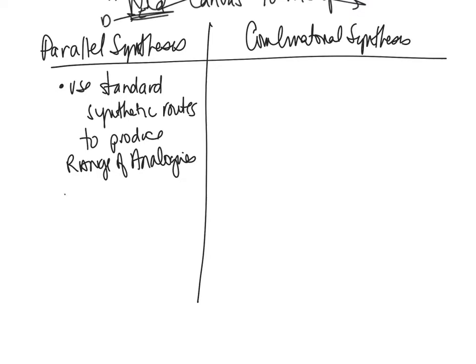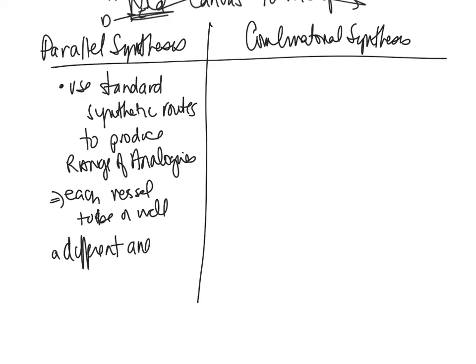And each reaction vessel, this is a big difference here, will be in a separate tube or well, and it will have a different analog in each of those reaction wells.